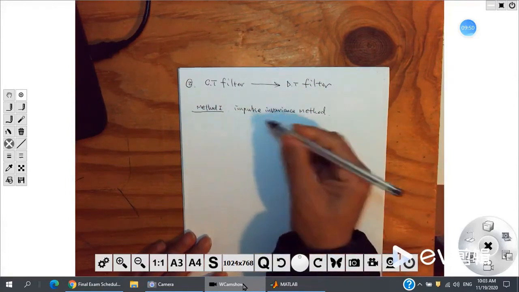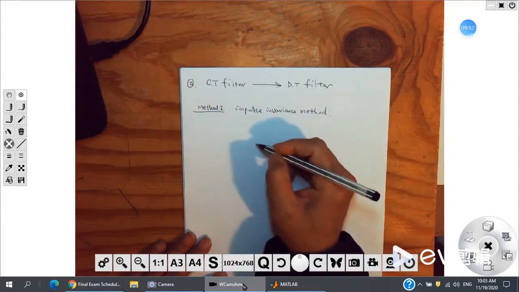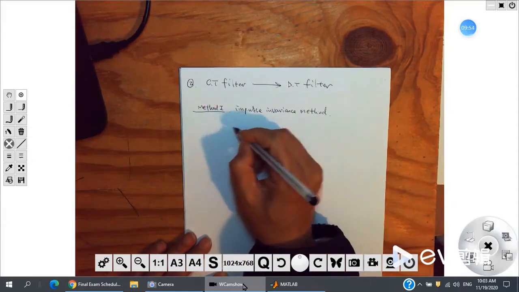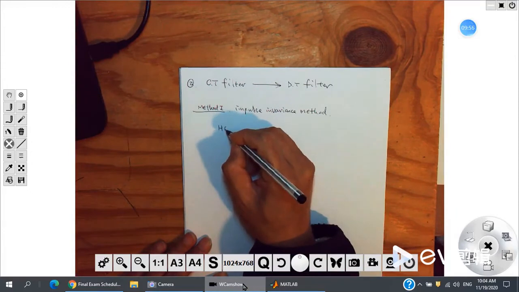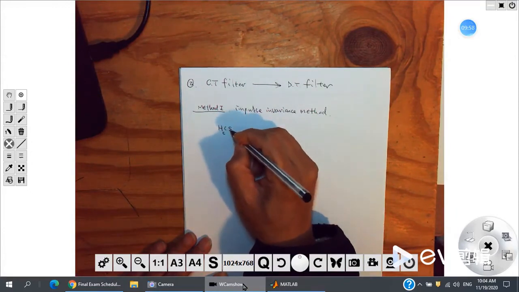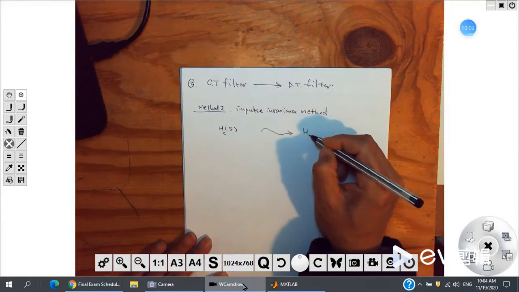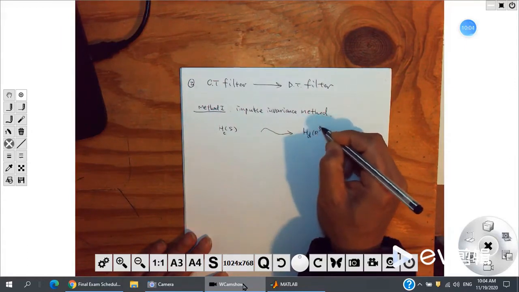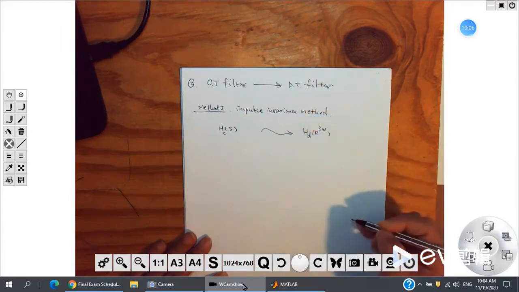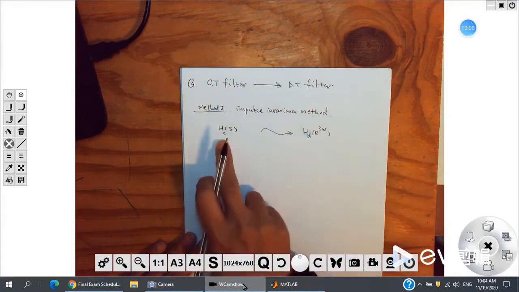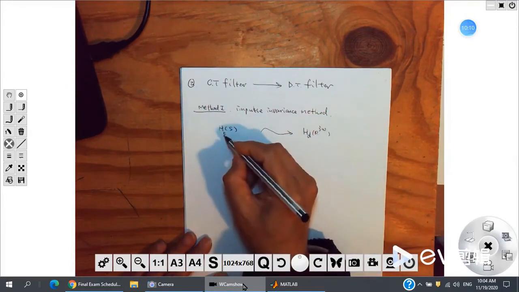The idea is like this. For the continuous time filter, suppose this is H_c(s). Then on this side I want H_d(e^{jω}). We try to design this one from H_c.